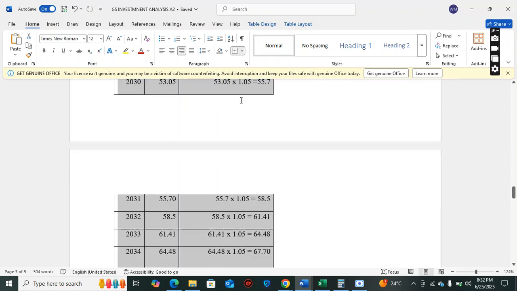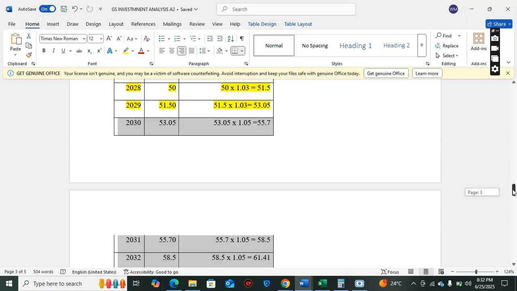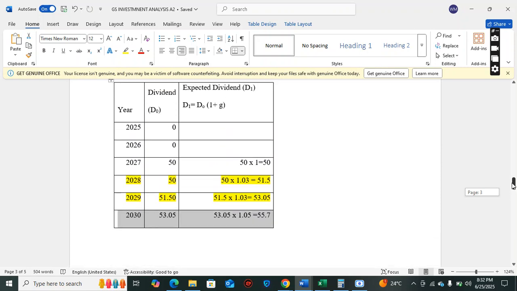So I'm multiplying by 1.05. Yes. We can go to part B now.